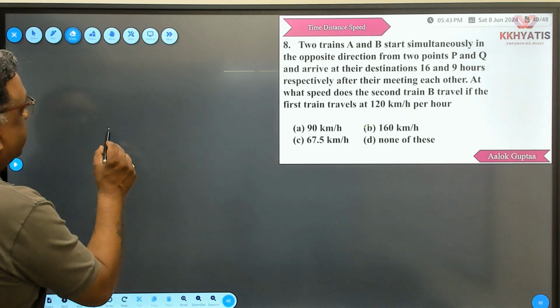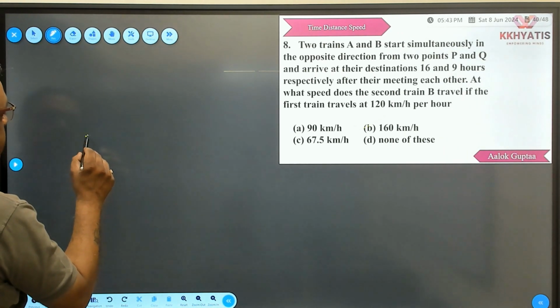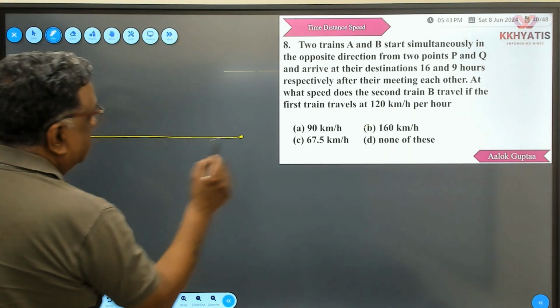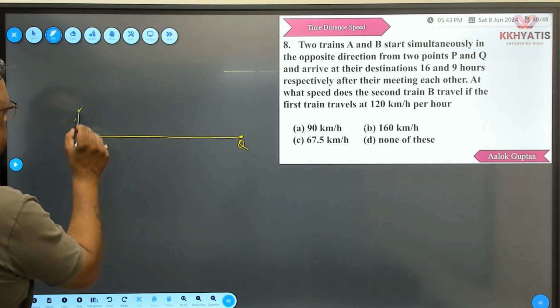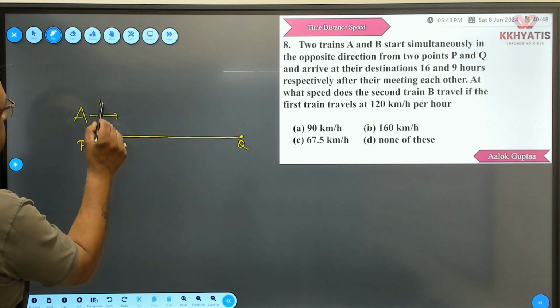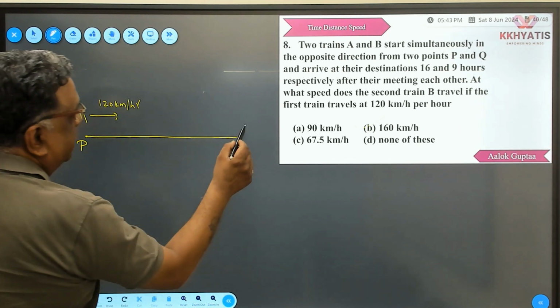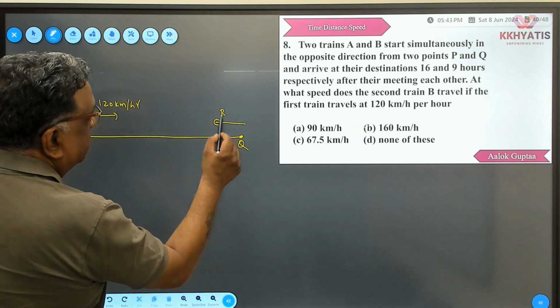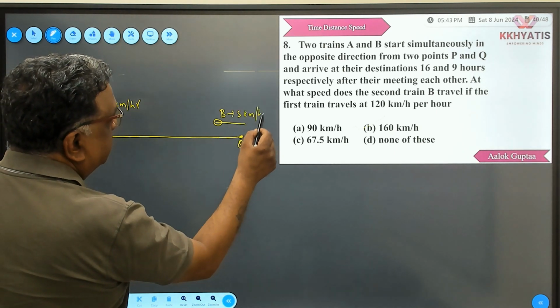So what they're saying is, there are destinations P and Q. Train A starts from here at 120 kilometers per hour and train B starts from here. We don't know the speed, we have to find out this as kilometers per hour.